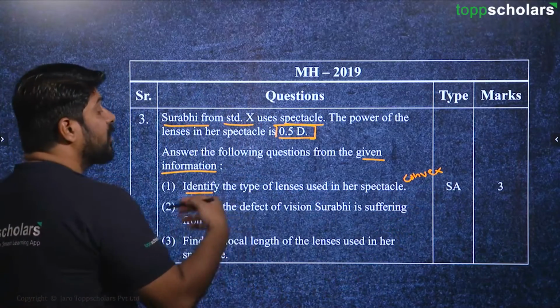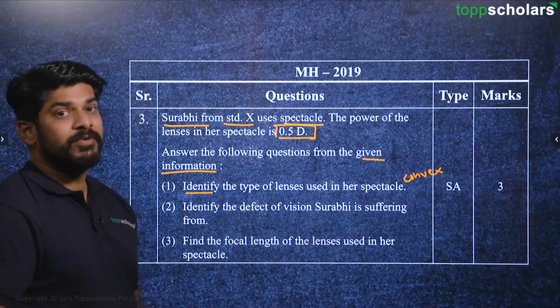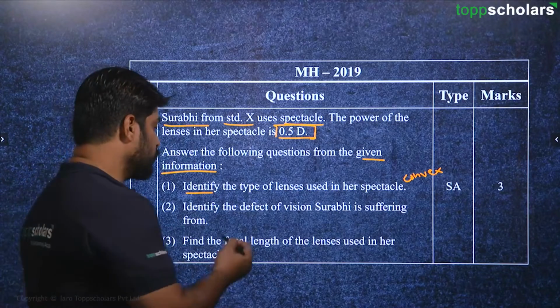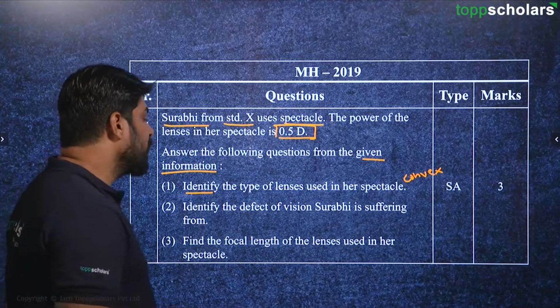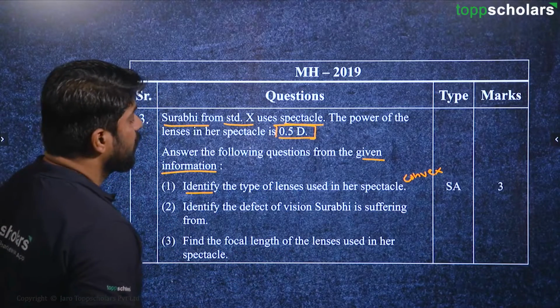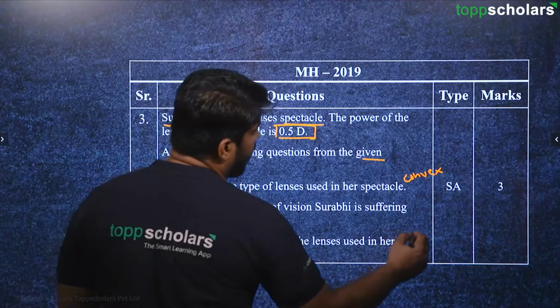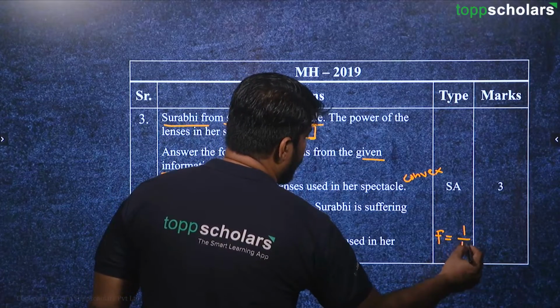Then identify the defect of vision Surbhi is suffering from. So definitely convex lenses are used for hypermetropia. So that must be the answer for this question. Then find the focal length of the lenses used in her spectacles. So we can find out focal length by using the formula 1 upon power.